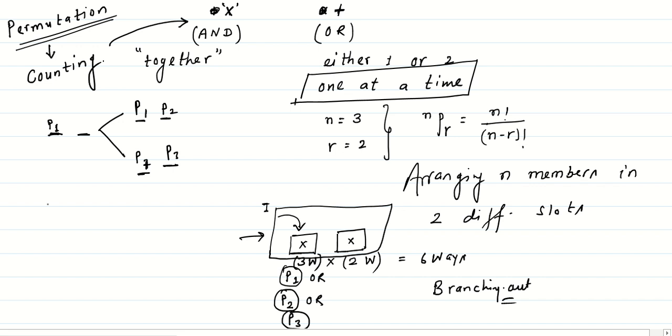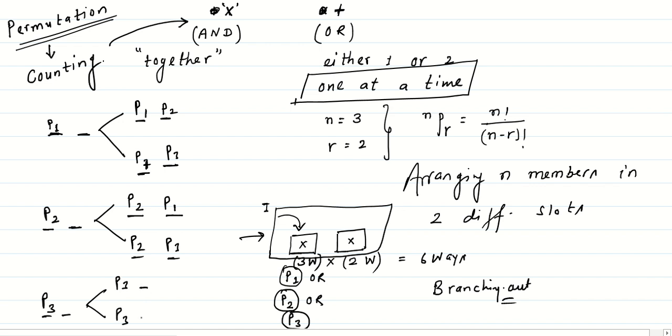It's quite possible P2 can be in the first slot. Then again two ways: the second slot can be P1 or P3. The first slot can also be P3, so the second slot can be P1 or P2.